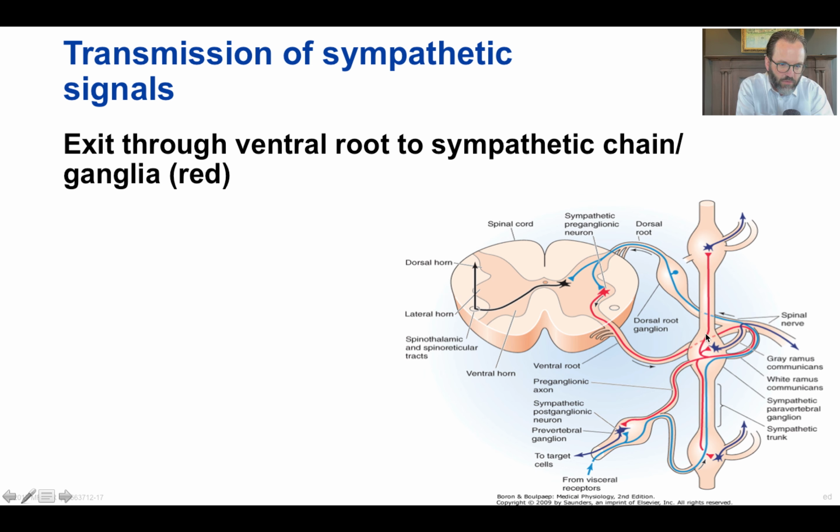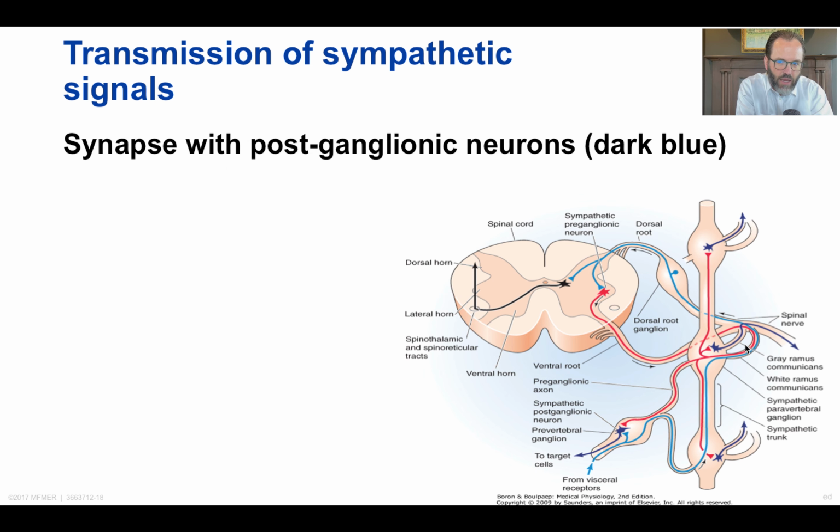You can see it's going through here to the sympathetic chain, and then synapse with postganglionic neurons, depicted here in dark blue. Here's that ganglionic chain, and you can see the synapsing at this point of the postganglionic neuron, and then it comes out through a spinal nerve, goes out to effector organs here.